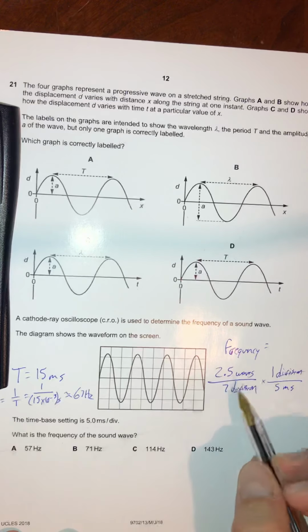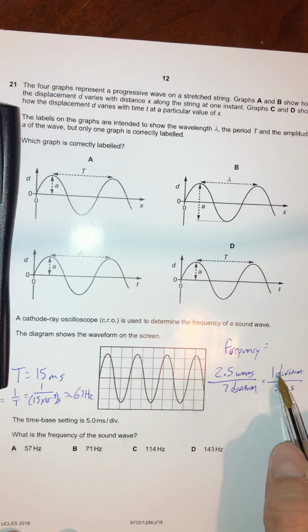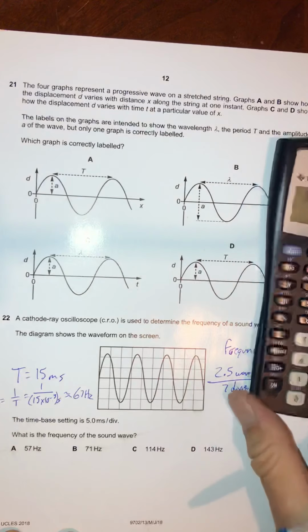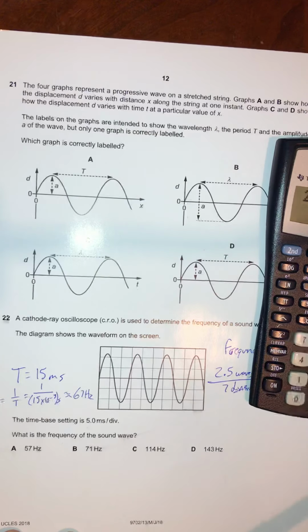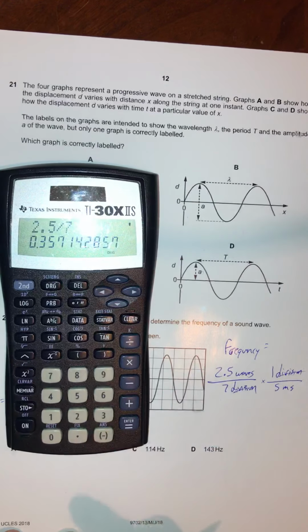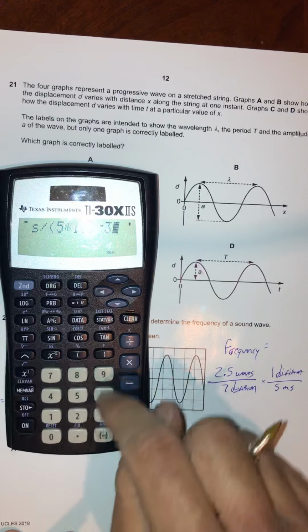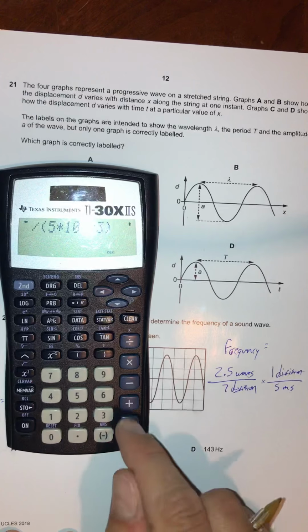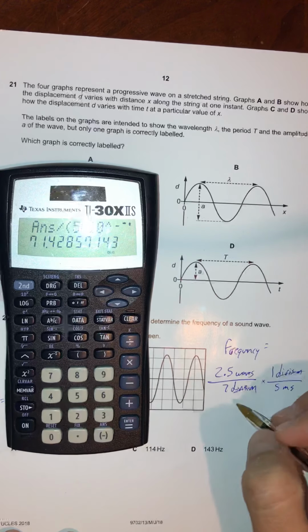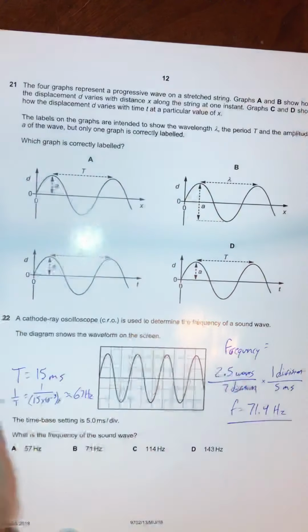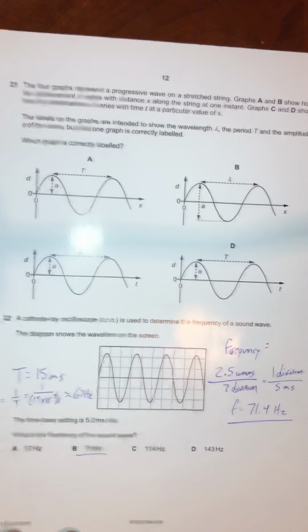We'll have 2.5 divided by 7 times 1 divided by 5, and then remember to convert milliseconds. So computationally, 2.5 waves divided by 7 divisions, times 1 divided by 5 milliseconds, and we get 71.4 hertz.